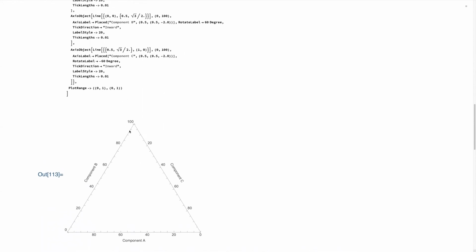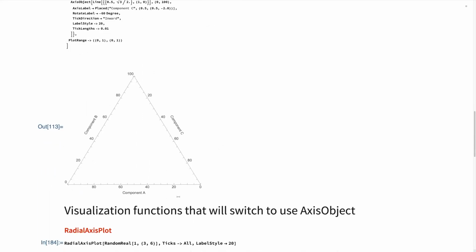A ternary plot is a barycentric plot. So you have a point that is x, y, z. However, there are only two degrees of freedom. So x plus y plus z has to be a fixed value. Well, anyway, we couldn't do this before without pulling our hair out to figure out the axes and ticks. Now with the axis object, this is very easy to do.